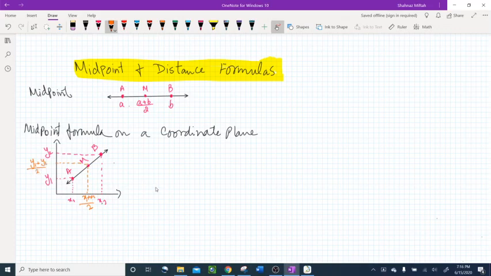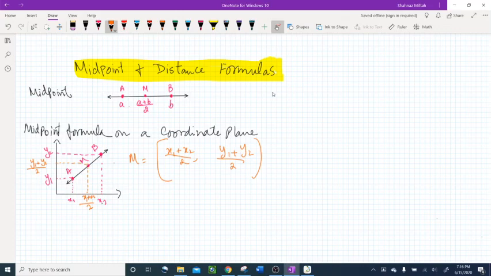So that's how we derive our midpoint formula. My midpoint formula is M equals x1 plus x2 divided by 2, comma, y1 plus y2 divided by 2, like an ordered pair for the midpoint.